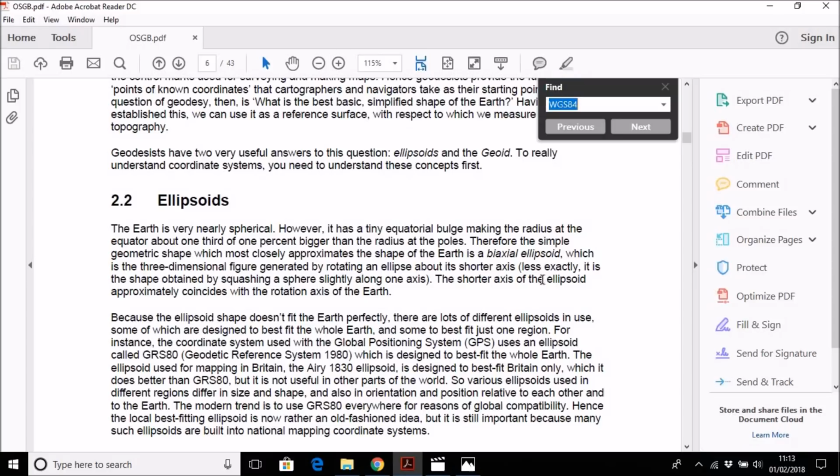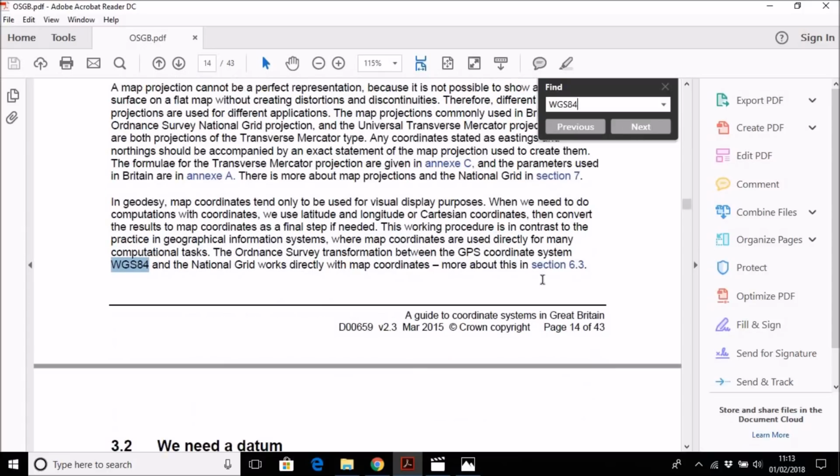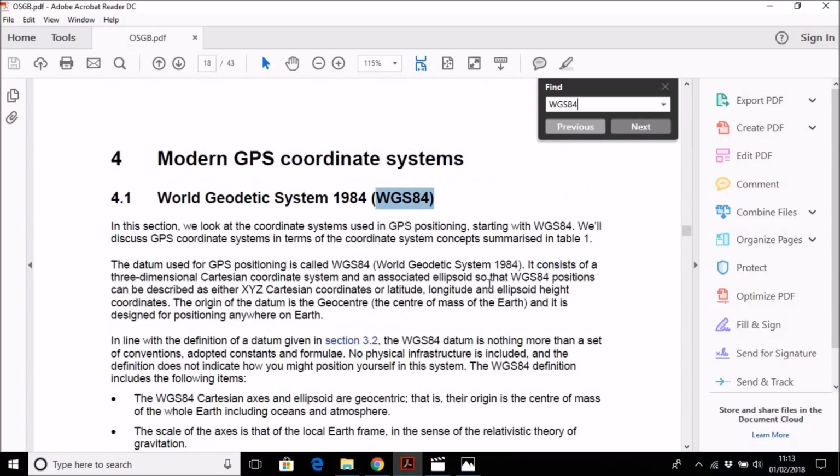Now, we also have in here quite a lot of reference to WGS84. And if we go to this particular section, we get some information about WGS84.